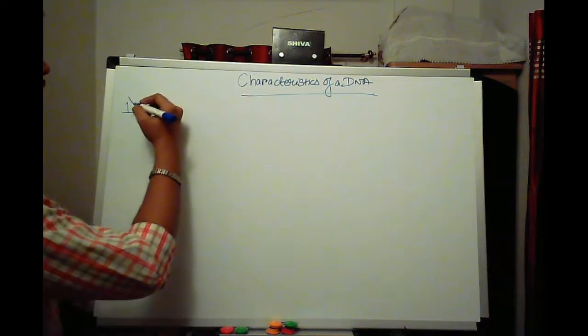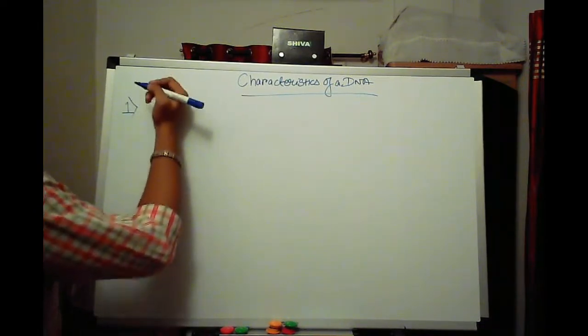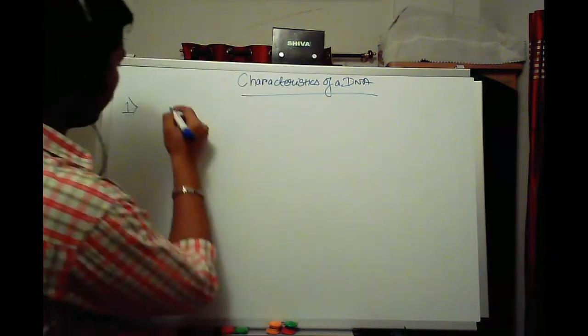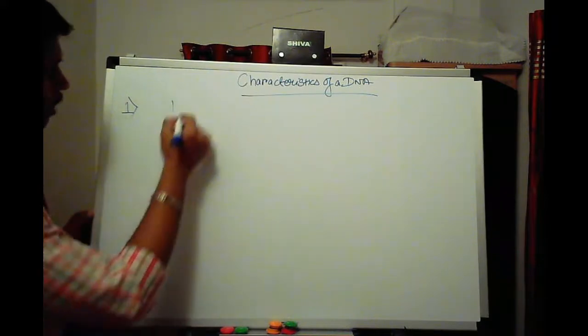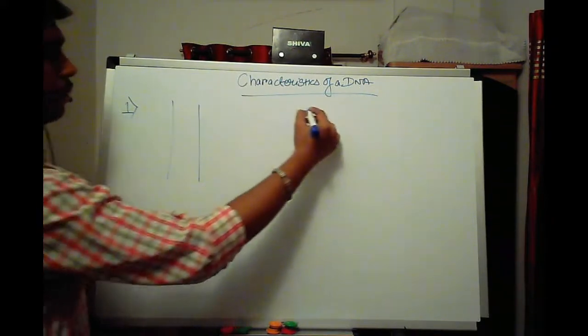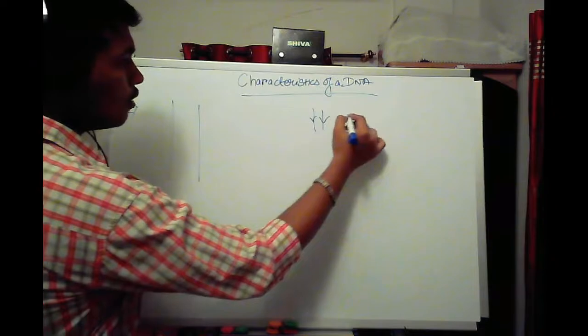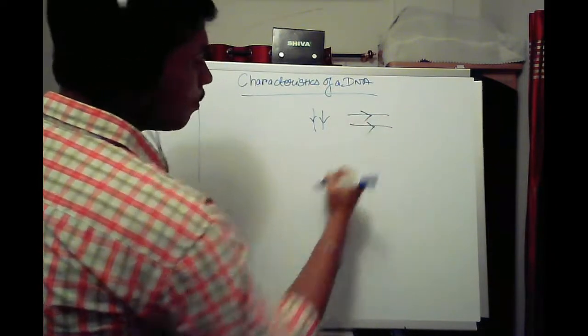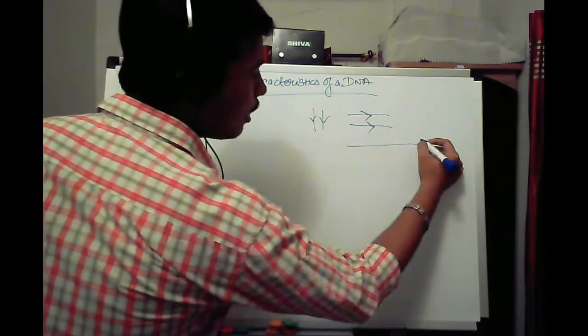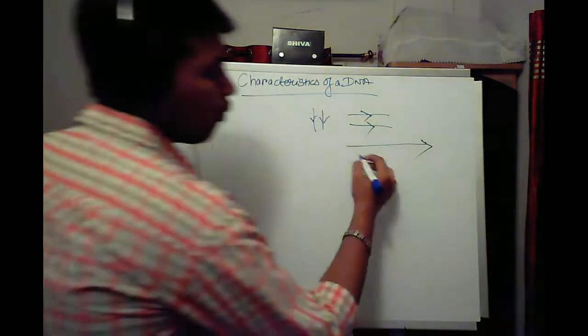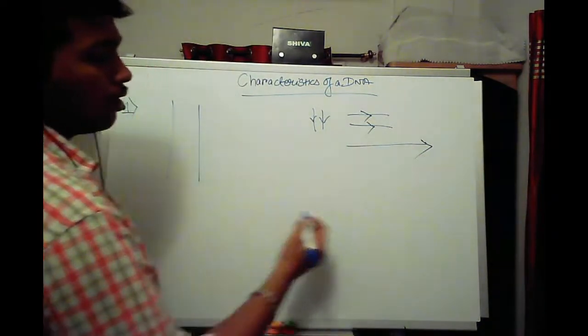So we know that DNA strands are anti-parallel in nature. These are parallel lines. So are these lines parallel to each other, that is, they have one direction. They're flowing in one direction.